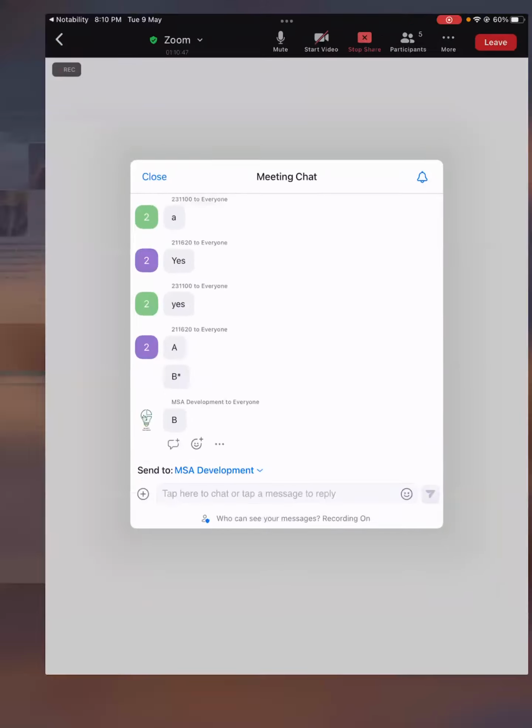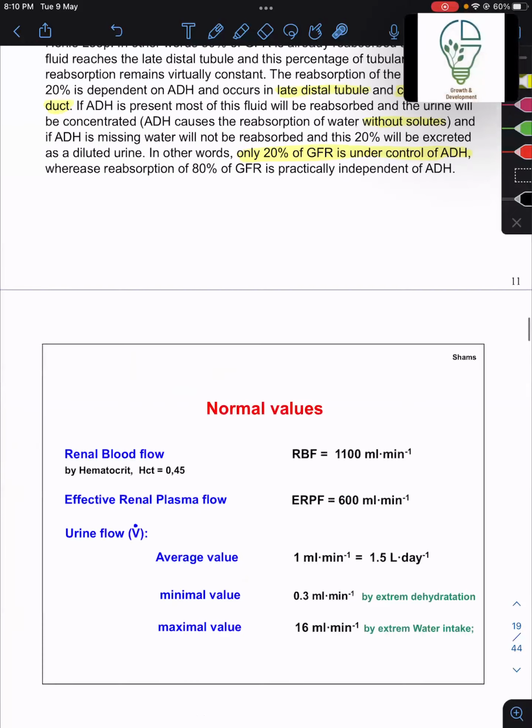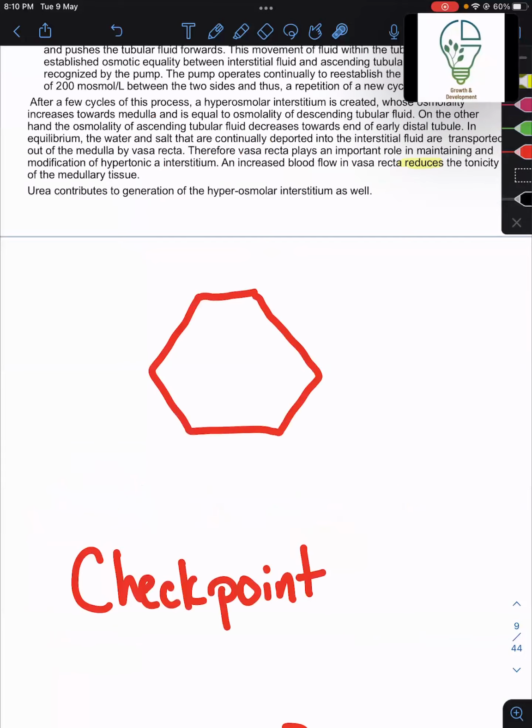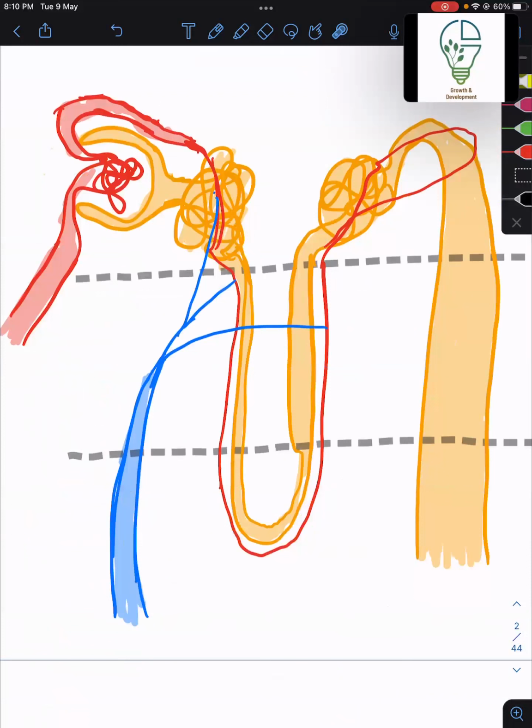Okay, people are saying B, and that is correct. So I'm going to explain why that is. I'll go back to my diagram over here. So it's pretty much just applying the knowledge that you already know, but think about, so we talked about how the interstitium over here, the solutes over here are going to be reabsorbed back into my vasa recta, right? And so if you just think about it logically, if I have more blood flowing through my vasa recta, or the blood is flowing faster, that's going to allow for more reabsorption from the interstitium.